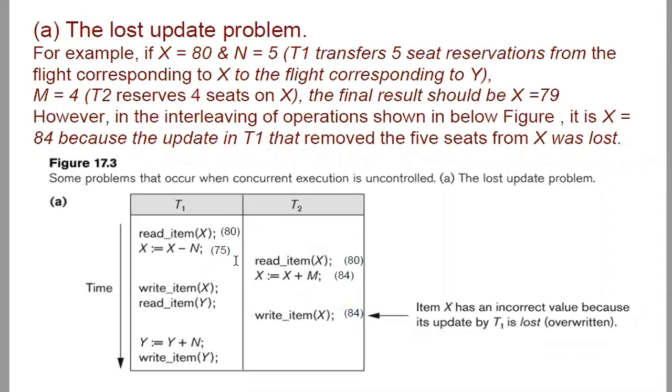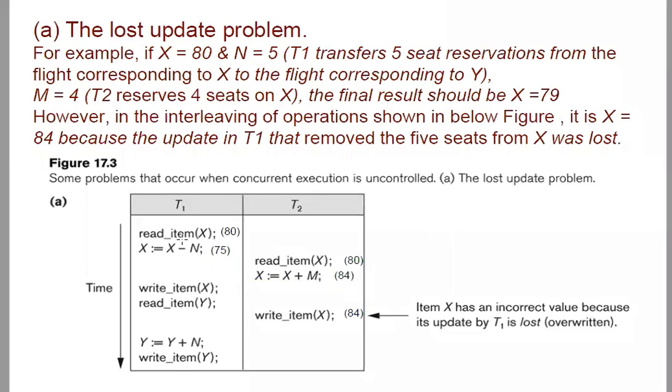Why is this happening? Because after subtracting from the x value in transaction T1, the update is not properly done. Transaction T1 did not update the x value properly, so transaction T2, instead of getting x equal to 75, gets 80. That is what we call the lost update problem. To make this transaction proper, we apply concurrency control.